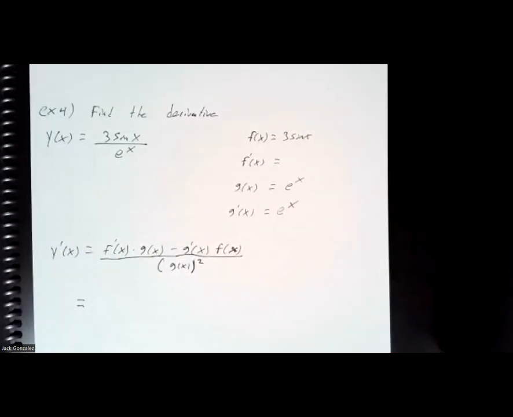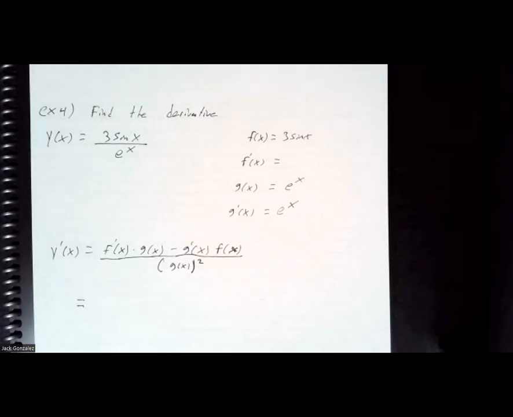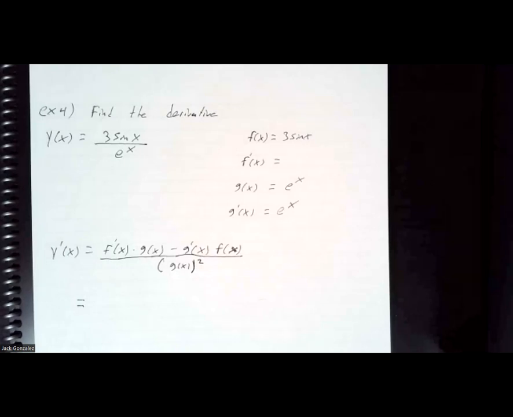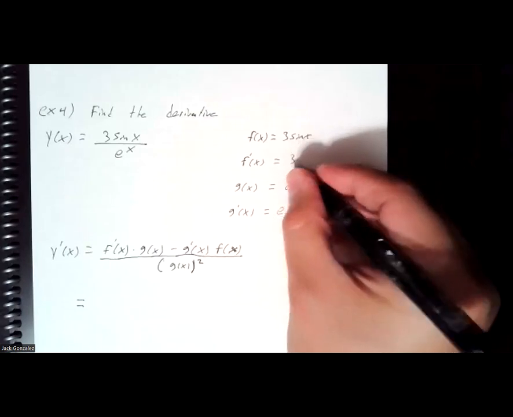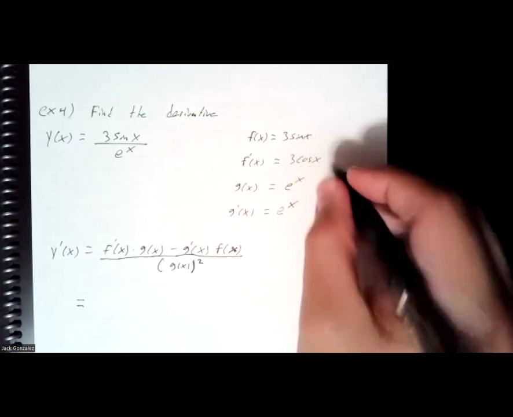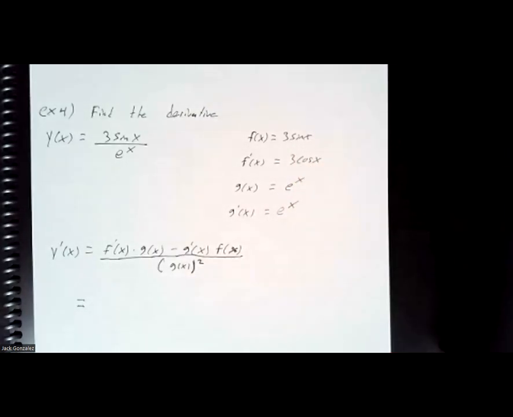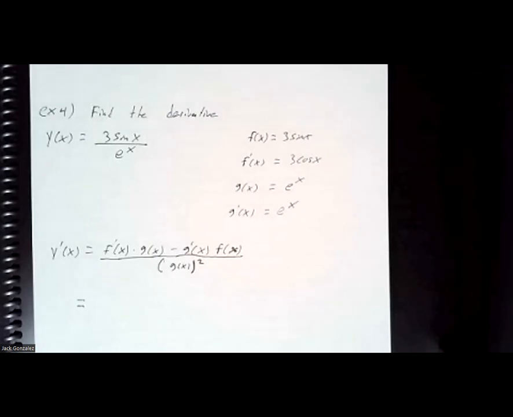I got a little confused. I had to switch over to my phone because this poor little laptop I have crapped out with memory. Oh, that's okay. That's why I had to rejoin the Zoom so many times. So it's small on my screen, so it was hard to see. So yeah, 3 cosine x, there you go.